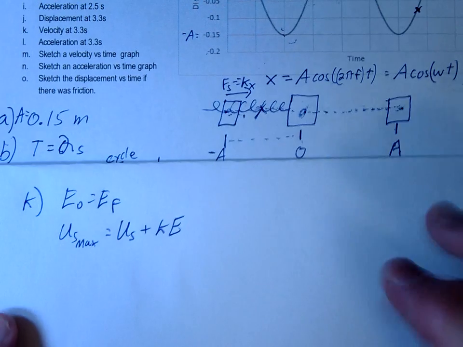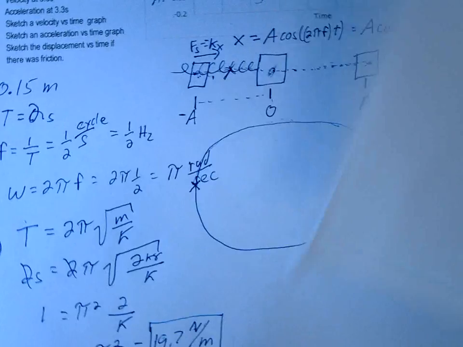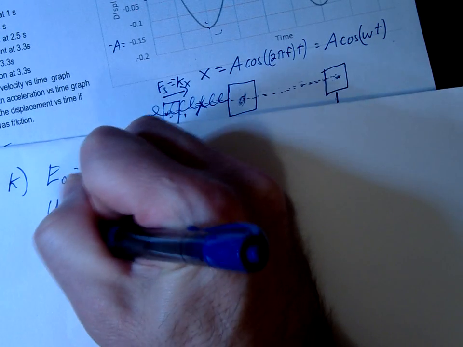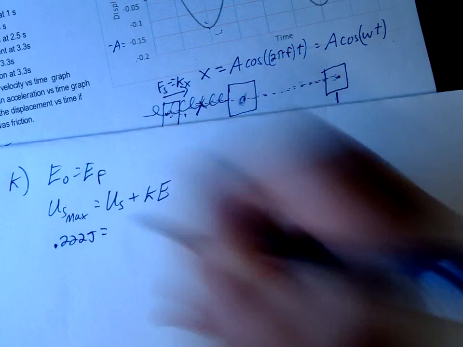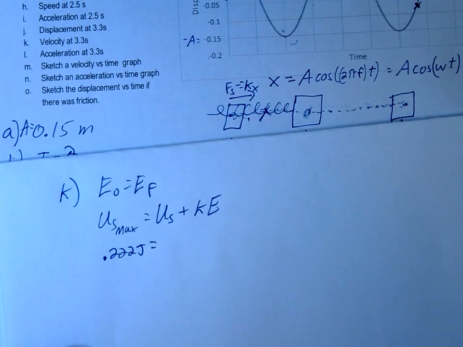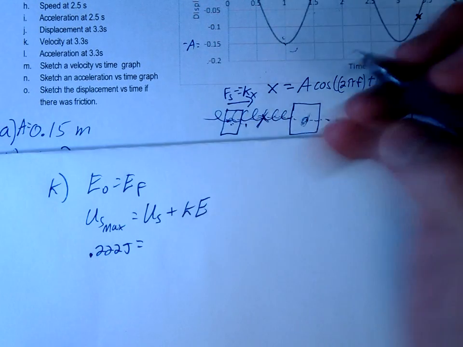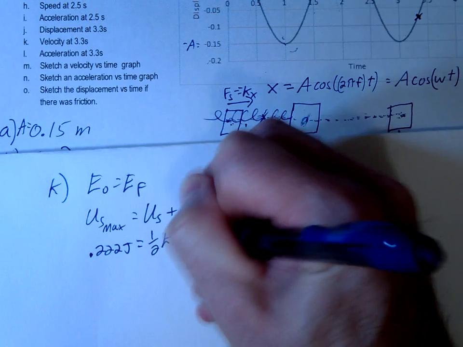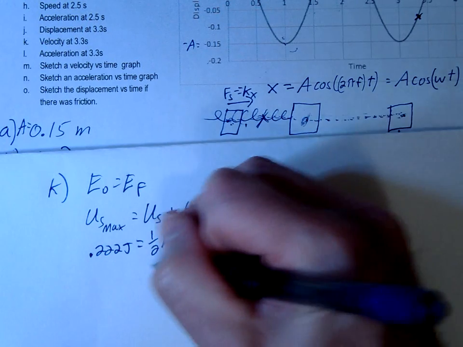And so it's being compressed and it's moving, so it has both spring potential plus kinetic energy. So recall our US max earlier was 0.222 joules. We'll set that equal to US. So that's 1/2 kx squared, and that's going to be where we are right now, which is 0.088.